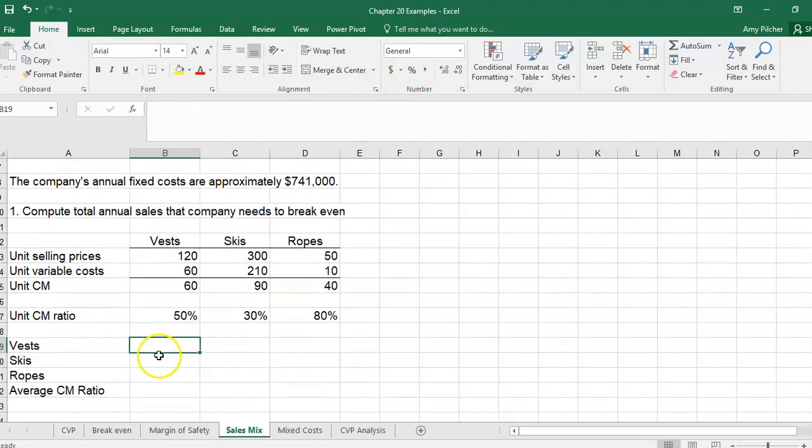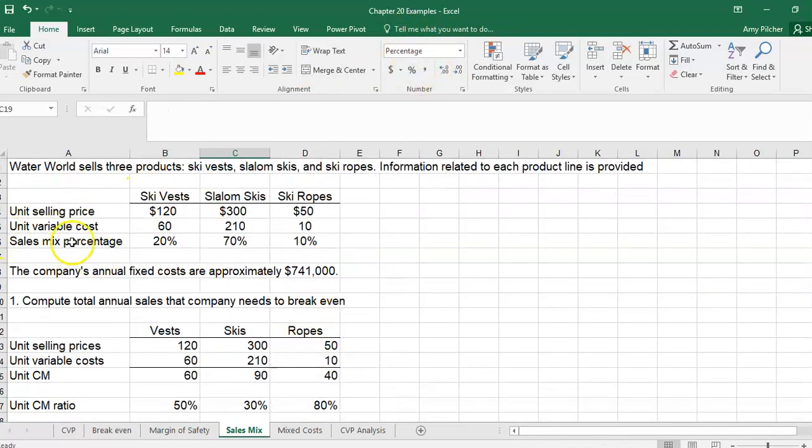We then take that contribution margin. So the contribution margin ratio for vests is 50%, for skis is 30%, and for ropes is 80%. And we take that times our sales mix percentage.